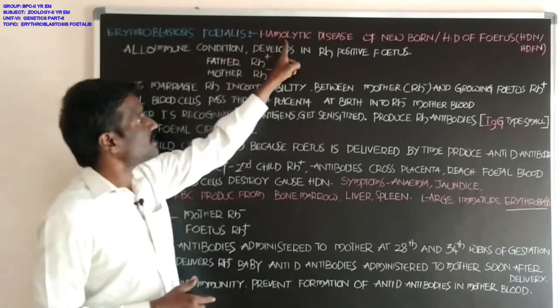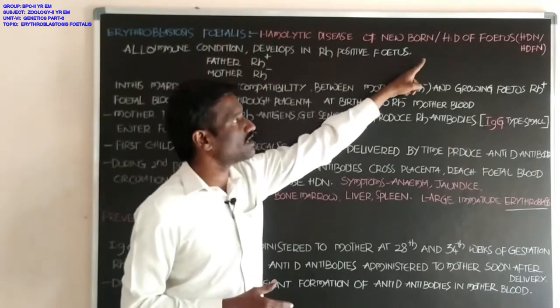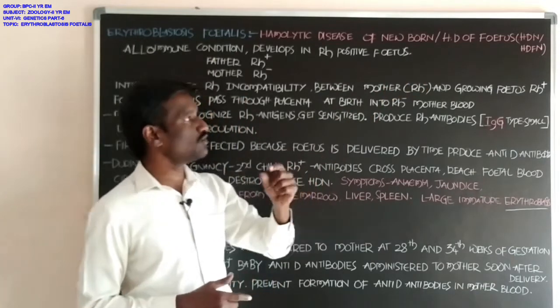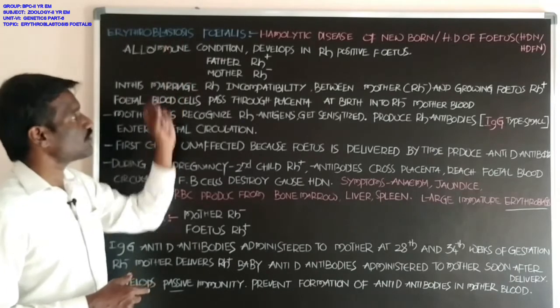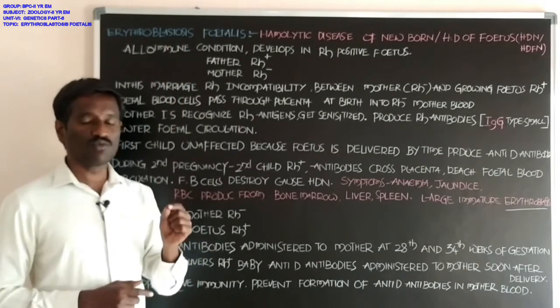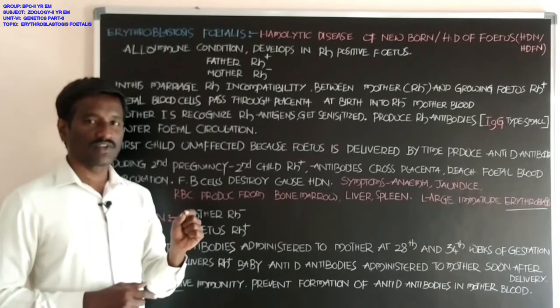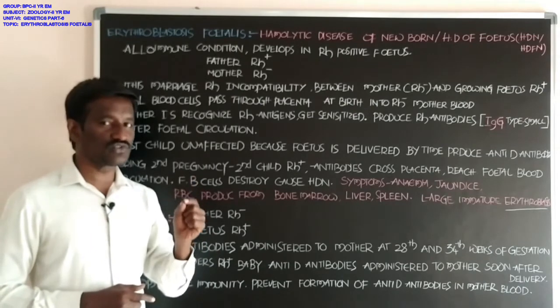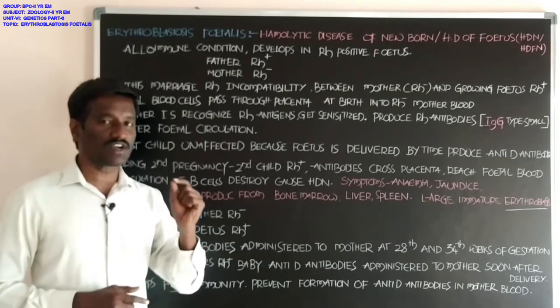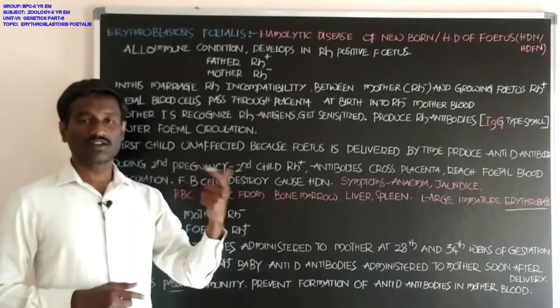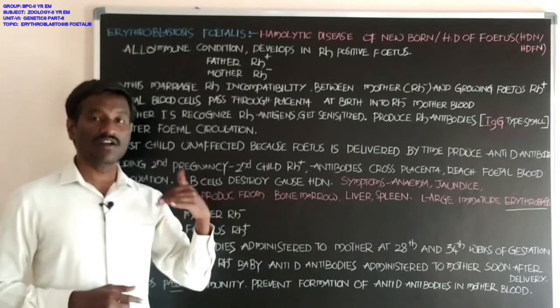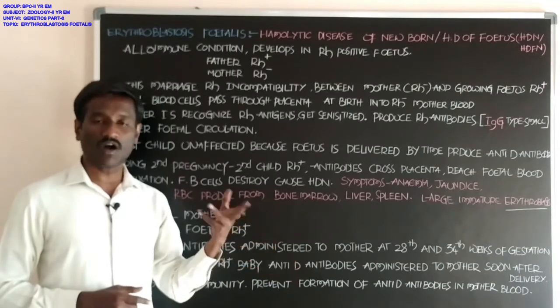It is also called hemolytic disease of fetus or newborn baby. Students, it is an alloimmune condition. Alloimmune condition means immunity is produced in the body of individuals after the entry of non-self antigens. Non-self means not related to the body parts.